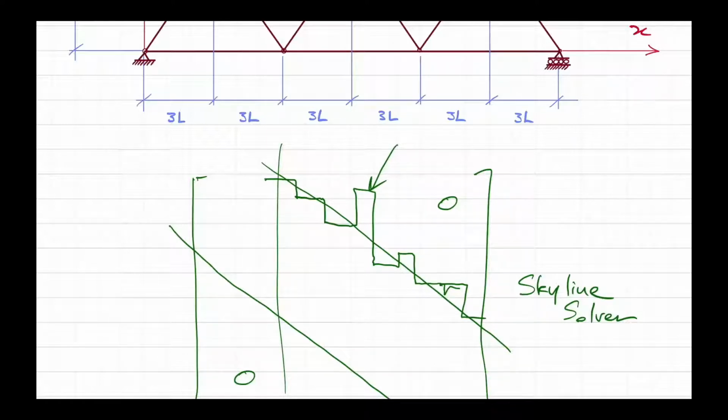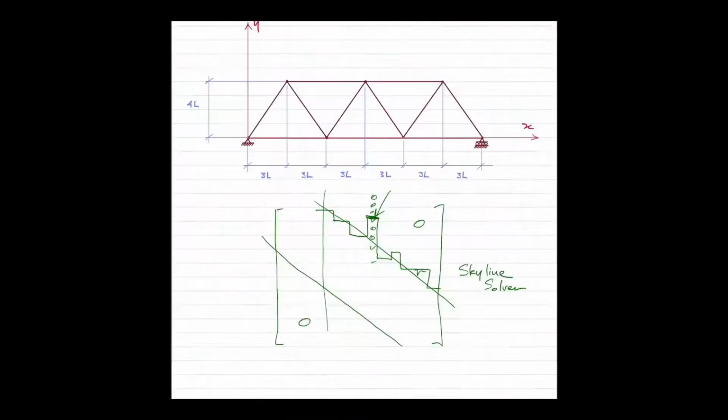Maybe over here you have a non-zero value, and then you have 0, 0, and then something. And above is 0, 0. So this defines your skyline, the highest point where you have a non-zero value. This affects data storage techniques, and people tried to improve the cost effectiveness of the solver, because if you store too many zeros, well, zero is zero.